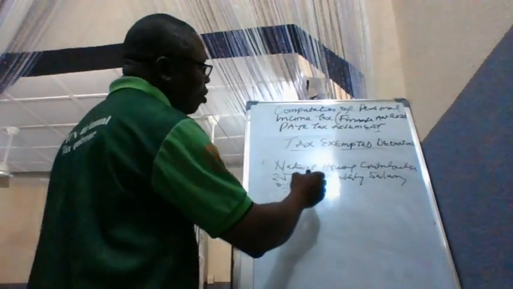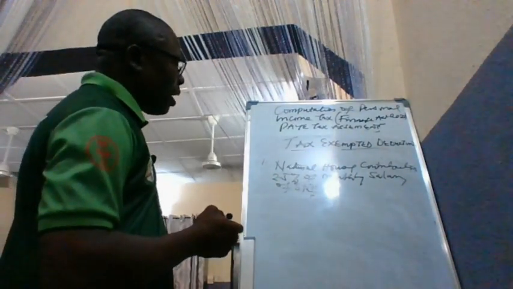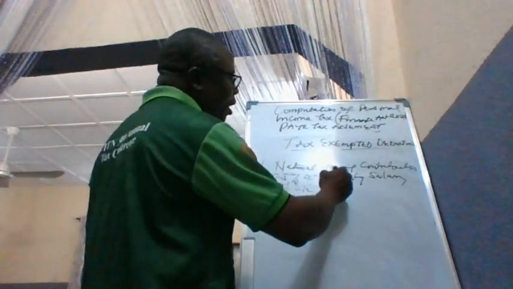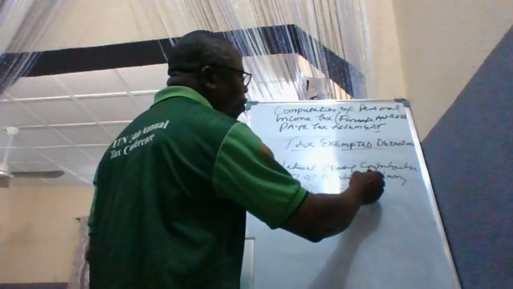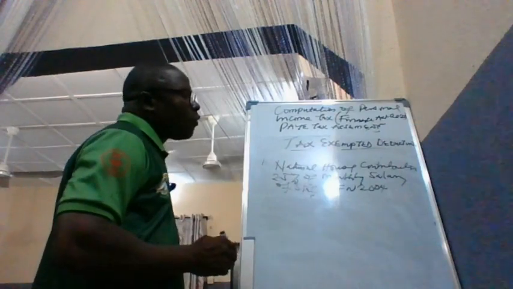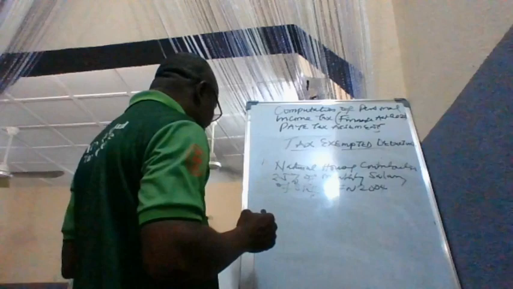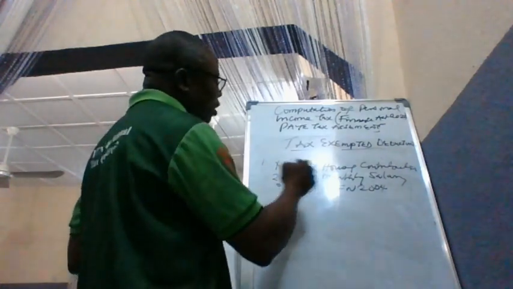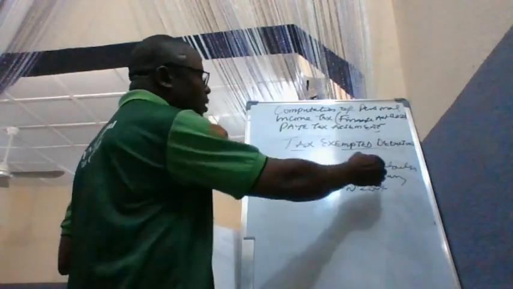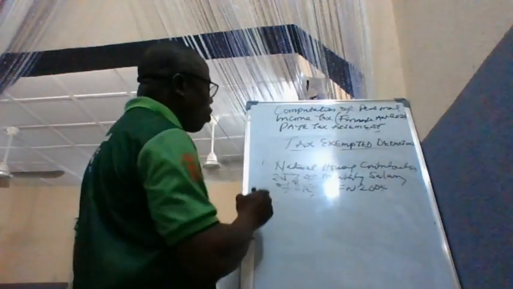In fact, if you look at LFN 2004, Laws of the Federation of Nigeria 2004, it is spelled out what needs to be deducted, and that is 2.5% of the monthly salary of the staff to be deducted and then paid into the National Housing Fund contribution.